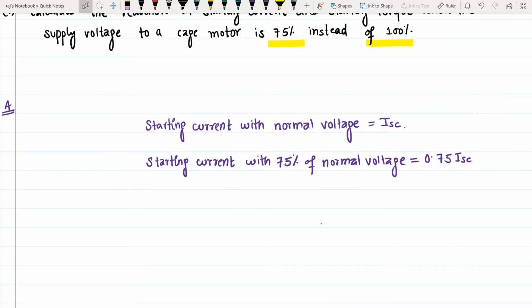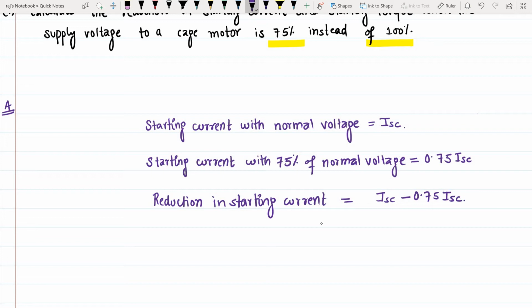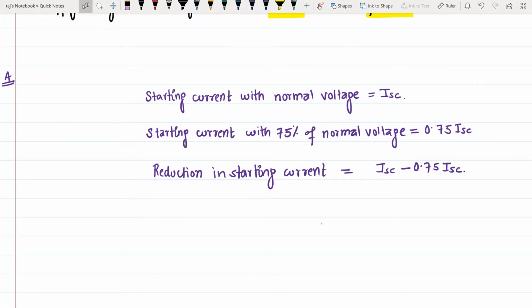Now for calculating the reduction, we can subtract these two. Reduction in starting current will be equal to ISC minus 0.75 ISC, that is equal to 0.25 ISC.